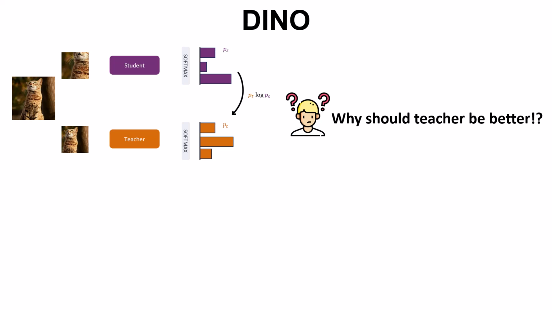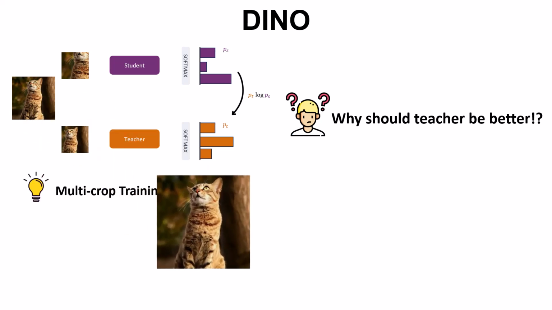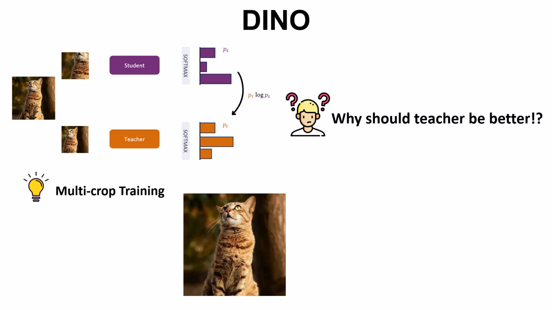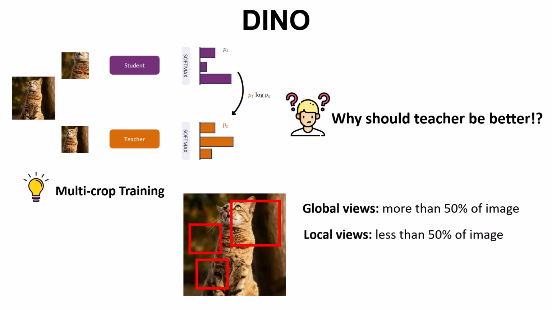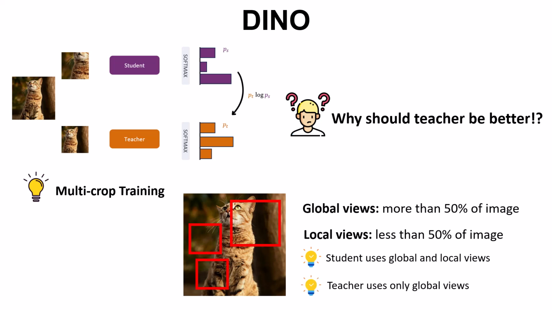That is because of a concept called multi-crop training. In multi-crop training, when we have an input image, we can perform two different kinds of crops. The first one is global views, where we crop more than 50% of the image. The other one is local views, where we crop less than 50% of the image. And the thing is, throughout the training of DINO, student uses global and local views, but teacher uses only global views.